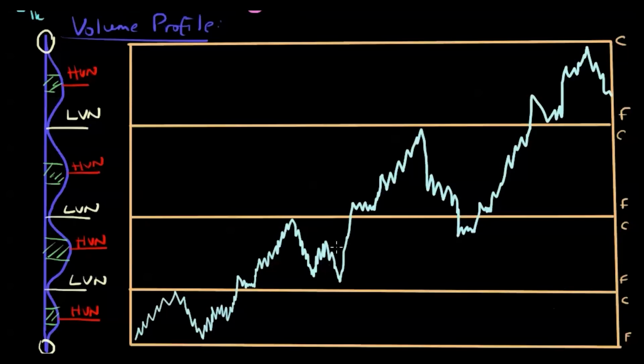But I think you get the gist of what I'm saying here. If you can now realize, very simply, the majority of trade takes place in here, in here, in here, and in here. And everything that we see in these regions, right in here, very little traded.